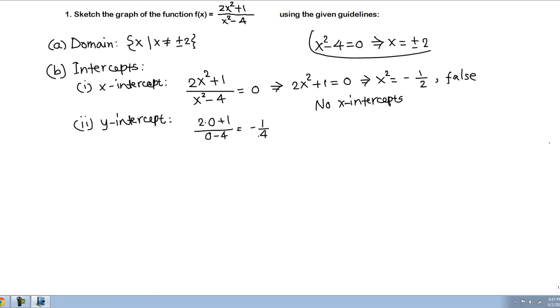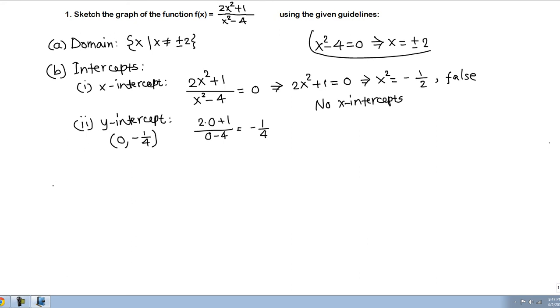Okay, so x is 0, y is negative 1/4. So the y-intercept is (0, negative 1/4). The graph of this function passes through this point (0, negative 1/4).